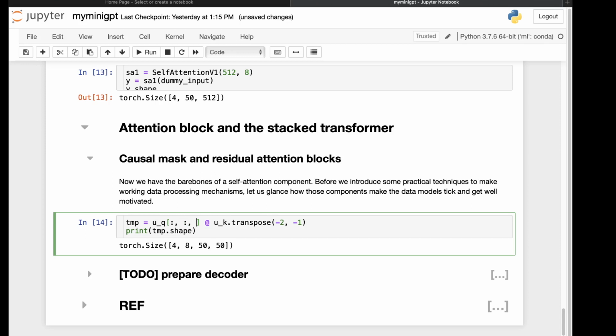But now let's take, instead of the 50, only the first 5 locations and take all the subvectors. In this way, we consider only the attention between the first 5 locations.